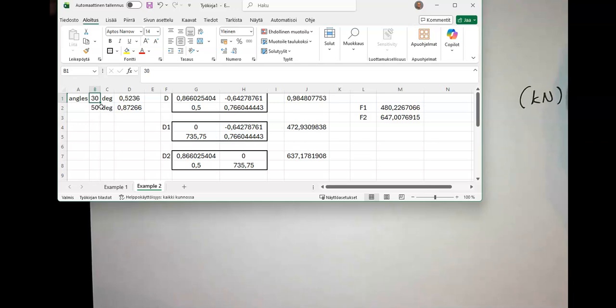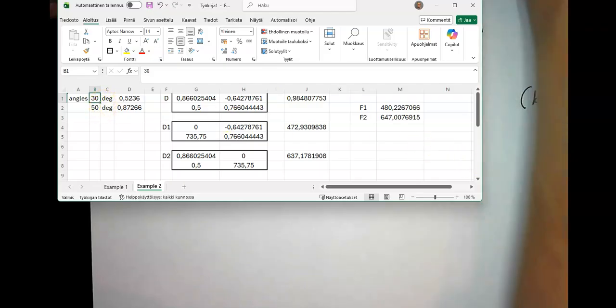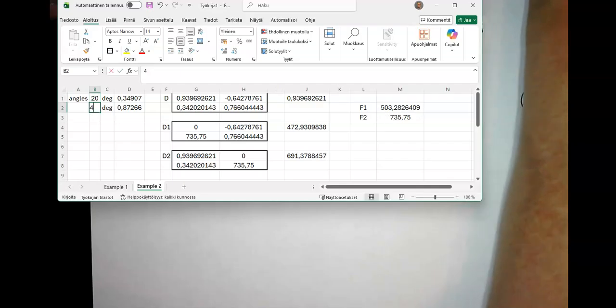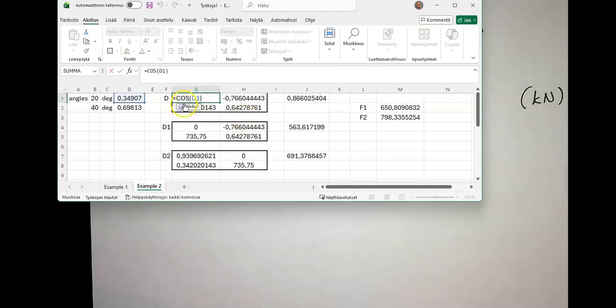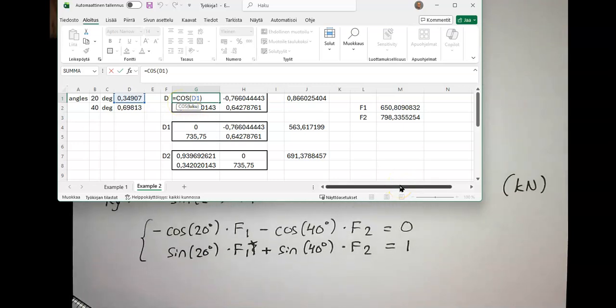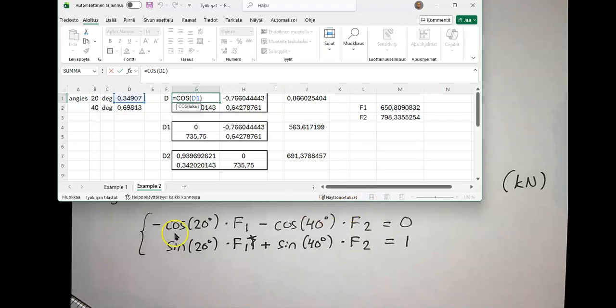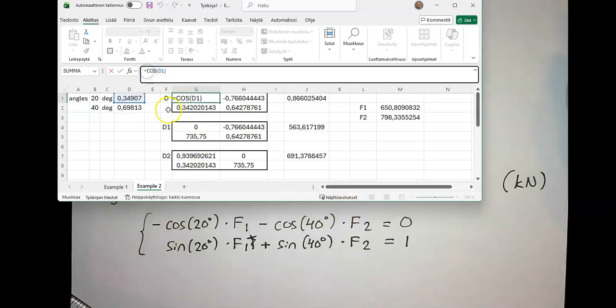The angles in example 1 were 30 and 50, but now they are 20 and 40, so I will change 20 here and 40 here. And what about those equations? In the first example we had cosine here, but now we have minus cosine, so I need to change the minus there.